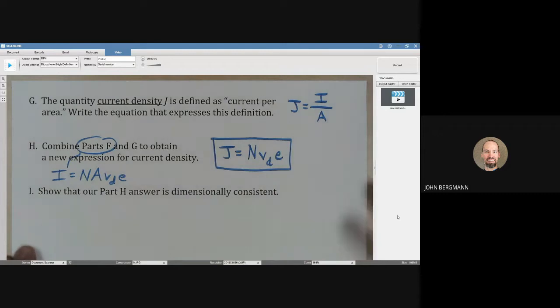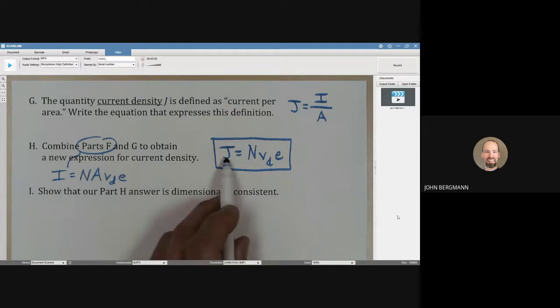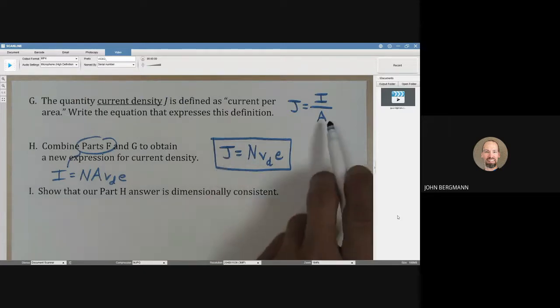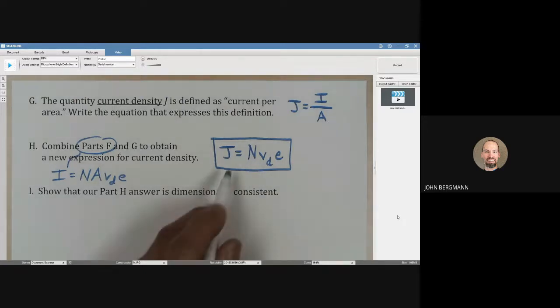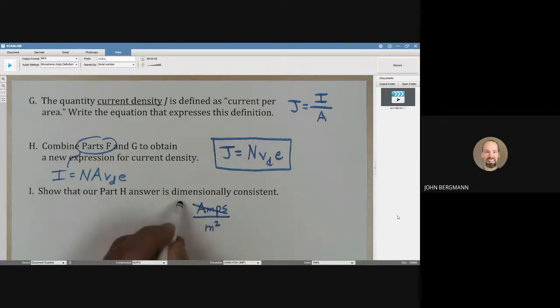Let's show now that our part H answer is dimensionally consistent. Current density is I divided by A. So the left side of this is amps, which I'll write out because we're going to change that in a minute, divided by square meters. Well, an amp is a coulomb per second, so the left side becomes that. What do we have on the right side?